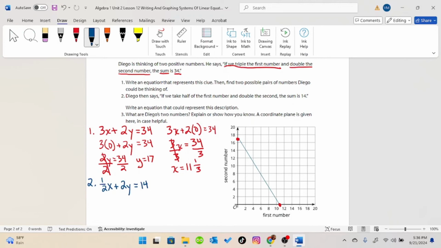First, we let x be 0. And we get 2y equals 14. We divide both sides by 2. That gets rid of it on the left. And we get y equals 7. So when x equals 0, y equals 7.